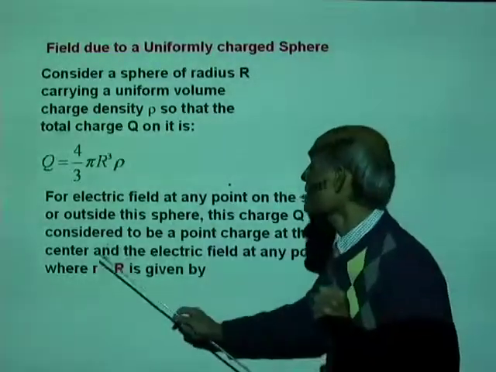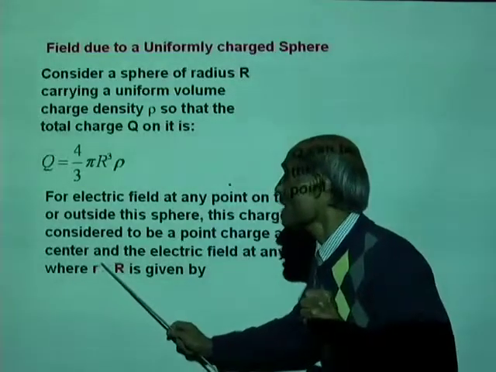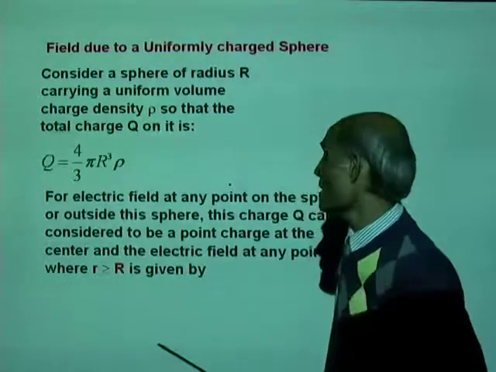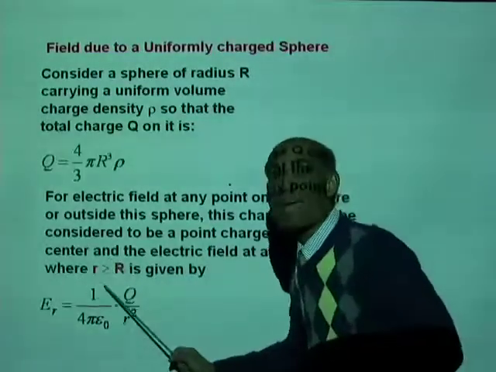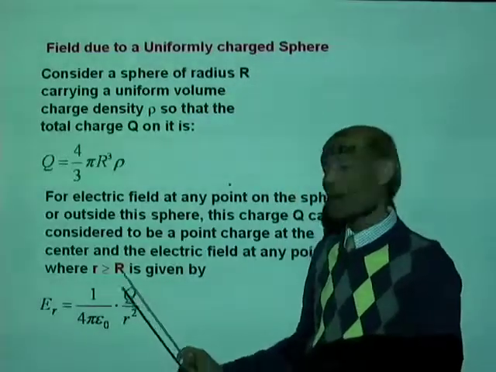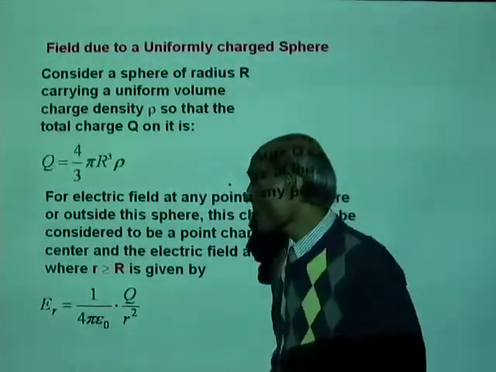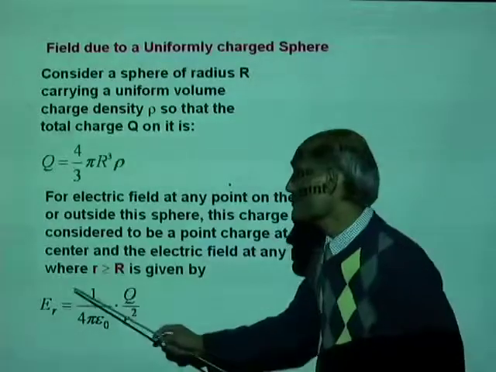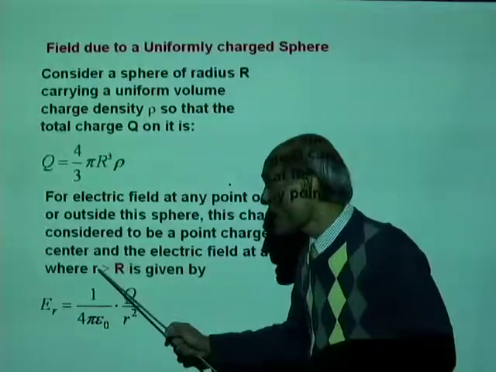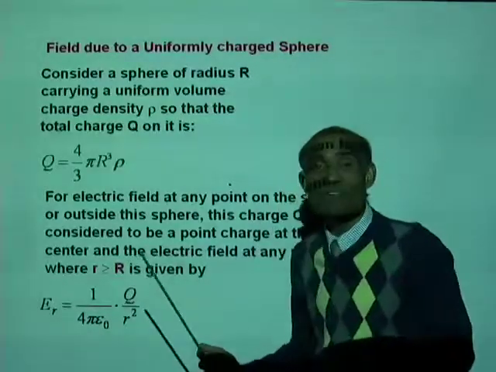And the electric field anywhere where r is greater than the radius is given by what equation? KQ over r squared. And if you replace your K by 1 over 4 pi epsilon naught, it becomes the electric field at a distance r where that distance r is greater than or equal to the radius.